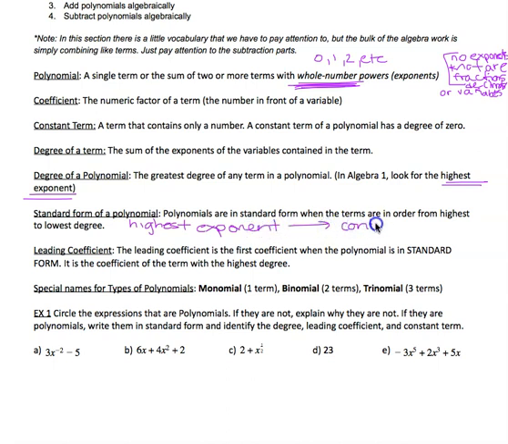Which means that usually the lowest exponent is a constant if we have one. The leading coefficient is the first coefficient when it's in standard form. So if it's not in standard form, you have to look for the term with the highest exponent first, and then it's the coefficient of that term. So find the highest degree or the highest exponent. The coefficient of that term is called your leading coefficient.